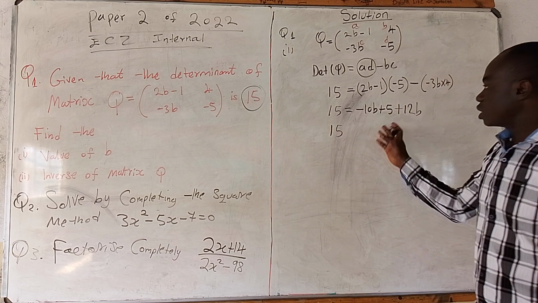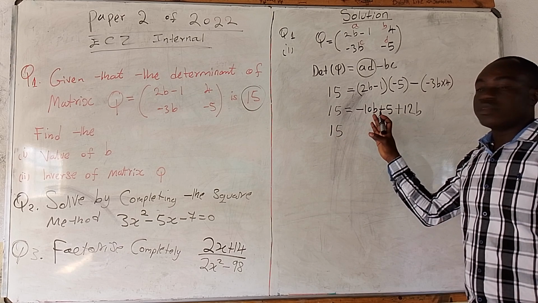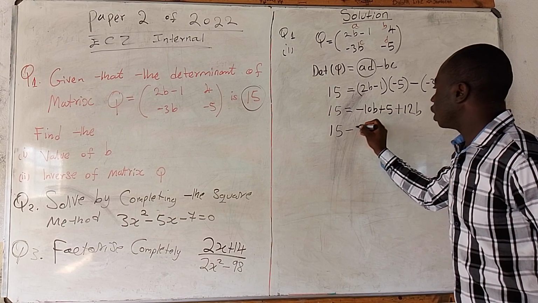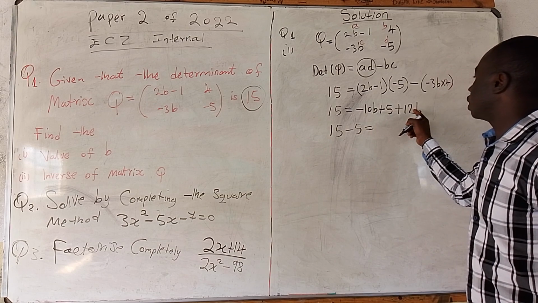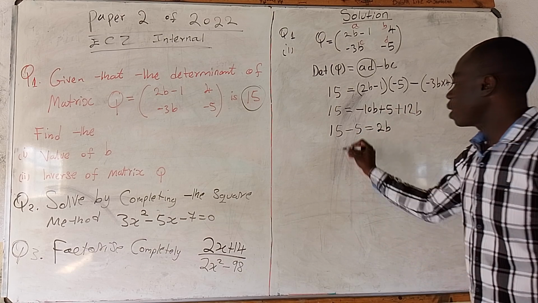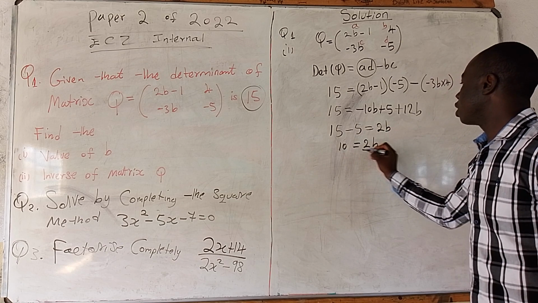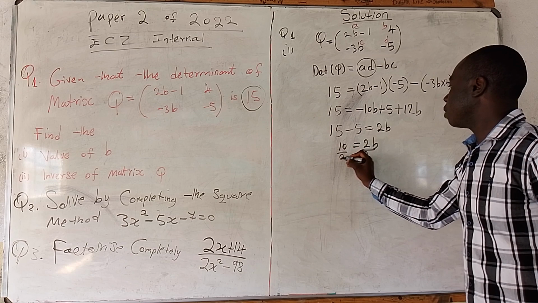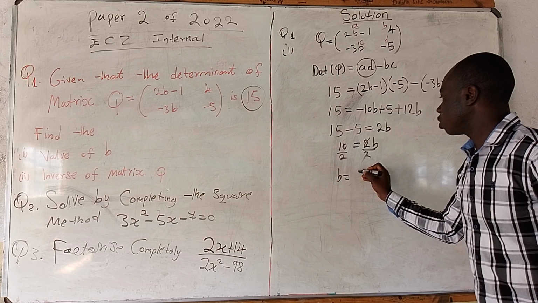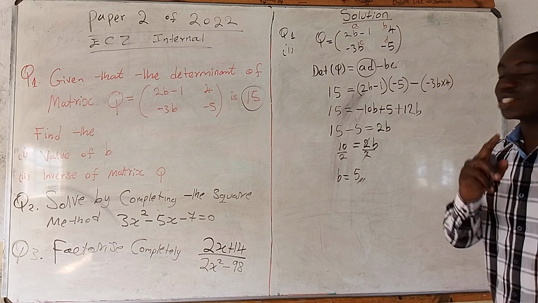You add the additive inverse of positive 5 to both sides, and we are going to have negative 5 is equal to 2b. This will give you 10 is equal to 2b. You divide both sides by 2, and you are going to get b is equal to 5. Great. Let's go to question 2.